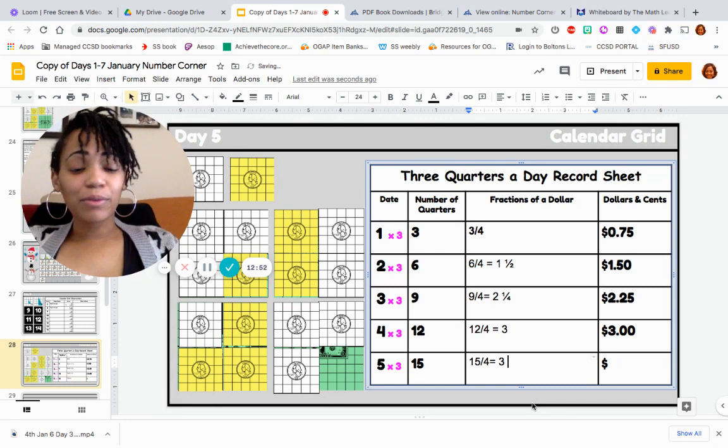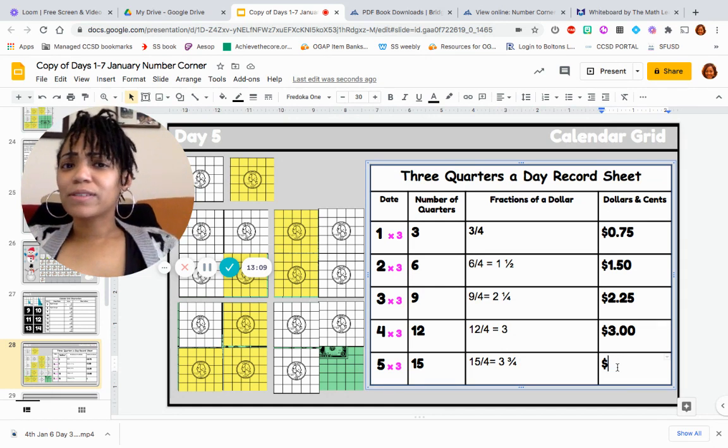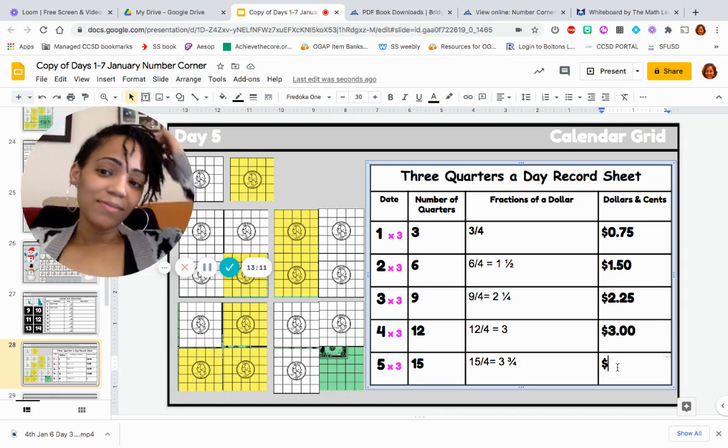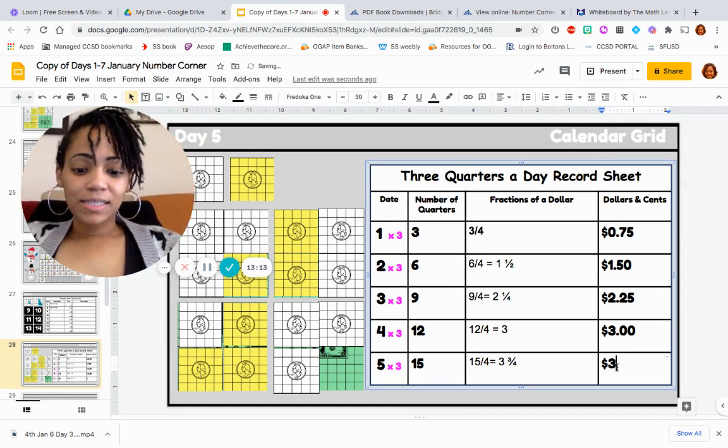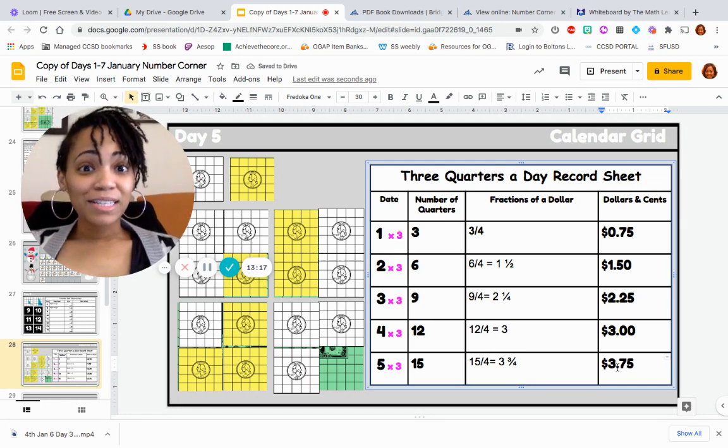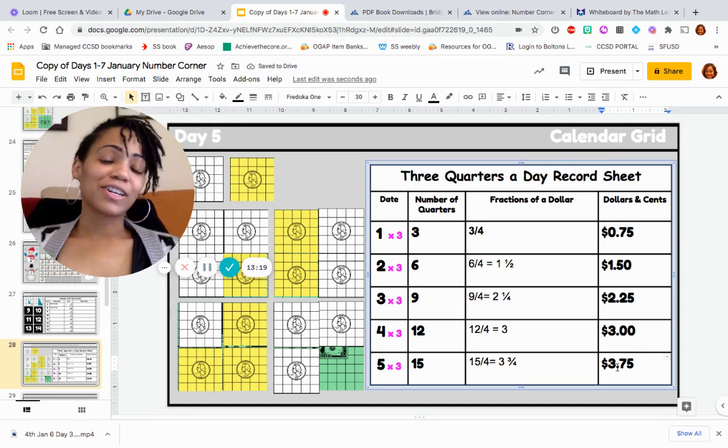You still have your 3 wholes, but how many fourths do you have left over? 3/4. And a really good clue would have been to look up here. We had 3 yesterday. We added another 3/4, so it's just 3 3/4. How much money is 3/4 of a dollar? Yes, 75 cents. So we now have $3.75.